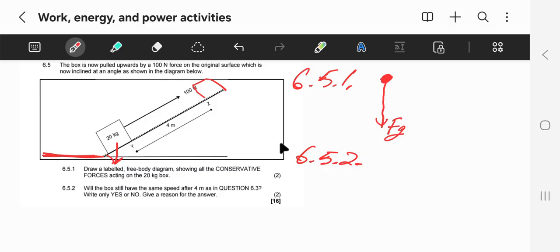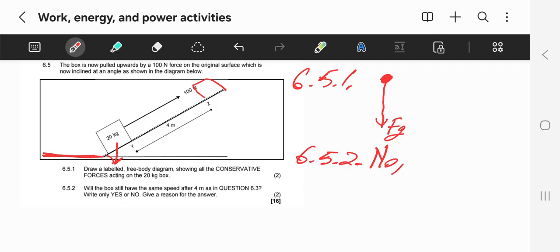So that means the answer will be no, and our reason will be due to the fact that negative work is being done, which then makes the object lose kinetic energy. Hence, the object will not be having the same speed. Instead, it will have a lower speed. That's how we are going to answer this.